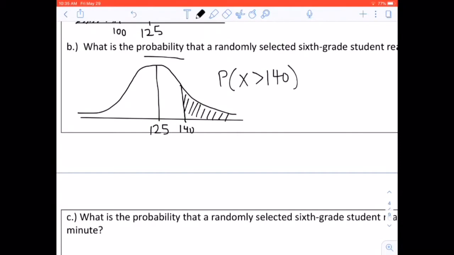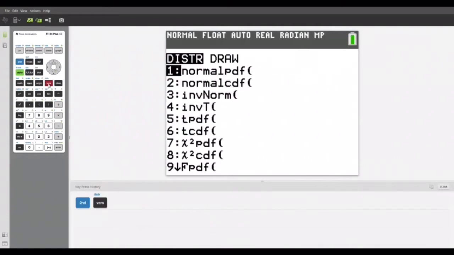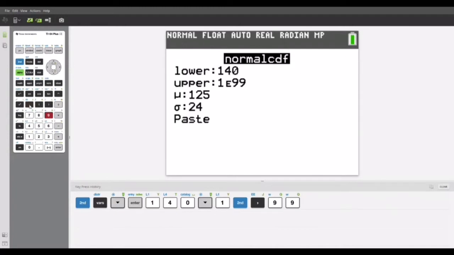Again, using our calculator, we go second, vars, to normal CDF. This time we have our lower bound, which is going to be 140. We have our upper bound, which is going to be 1 E 99, which is second, comma, 99.